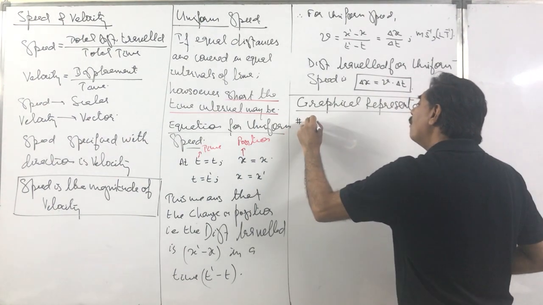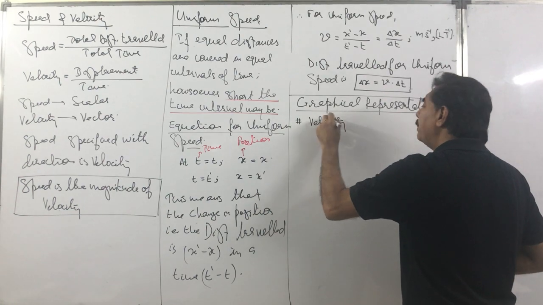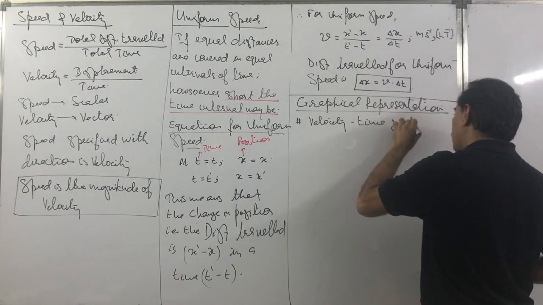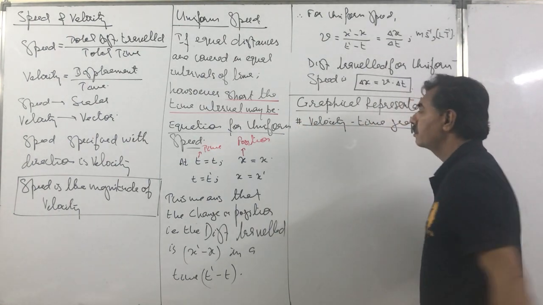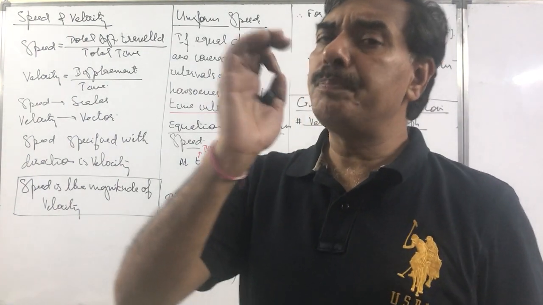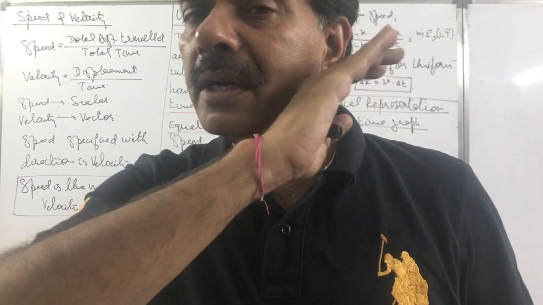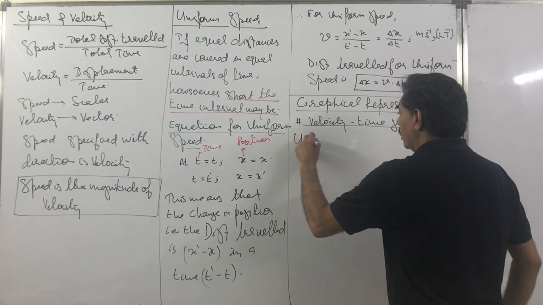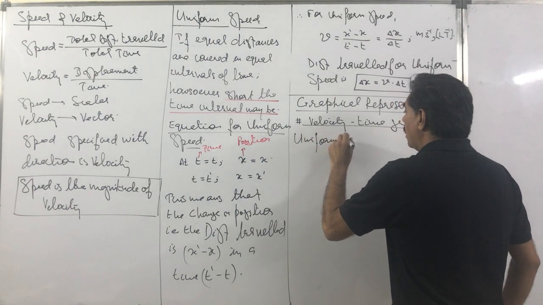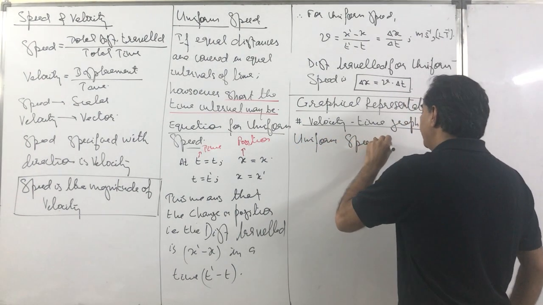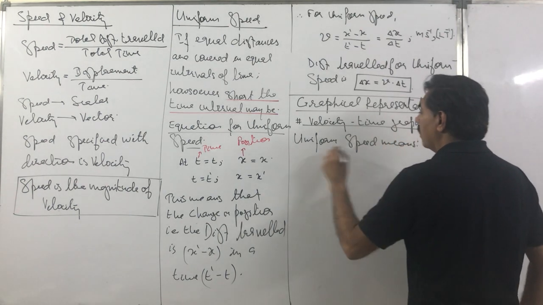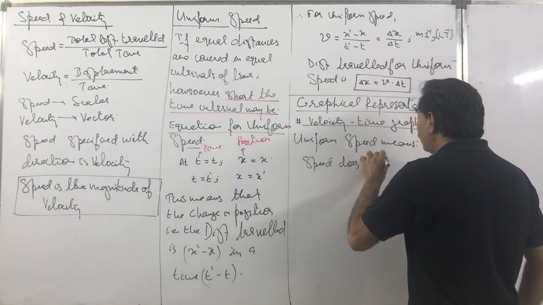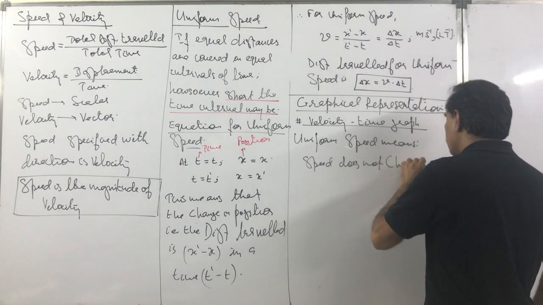One is velocity time graph. You can also say speed time. For uniform speed, we mean that the speed does not change. Uniform speed means speed does not change.